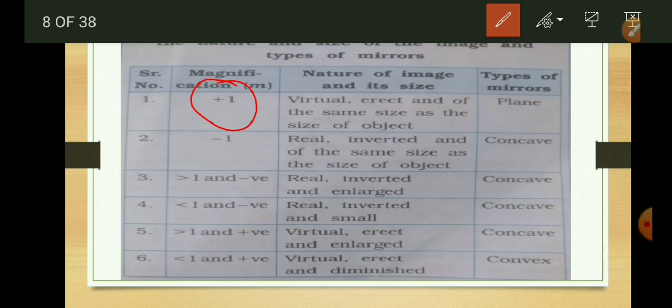Secondly, if the value of magnification is positive, the image is virtual and erect, and in this case the mirror will be a plane mirror. So plus 1 magnification means it is a plane mirror, the image is virtual and erect, and the size of the image is the same as the size of the object.